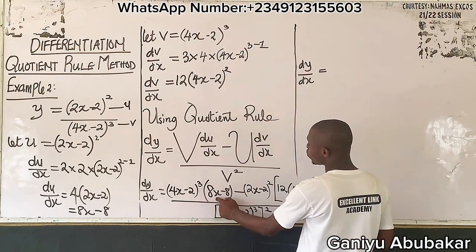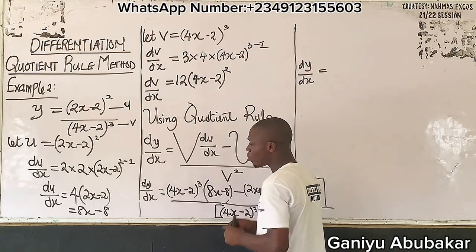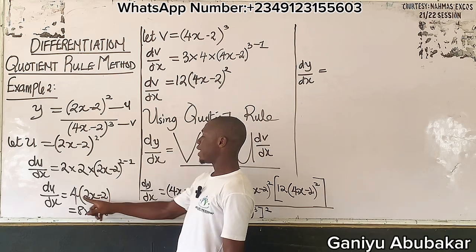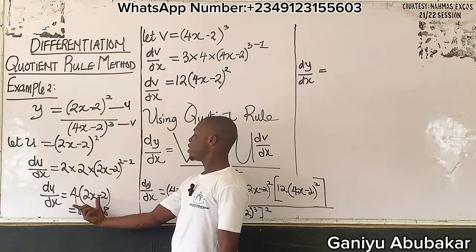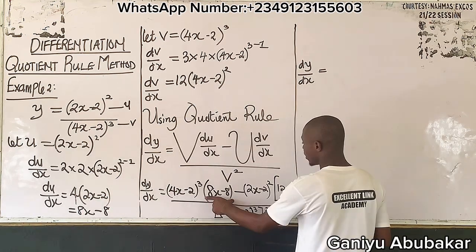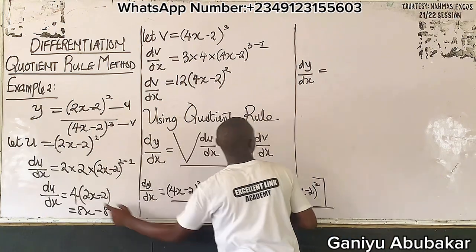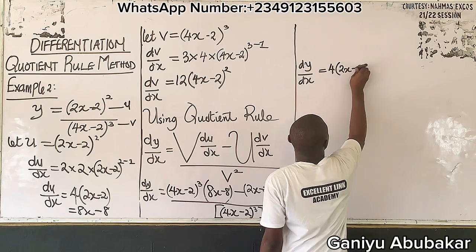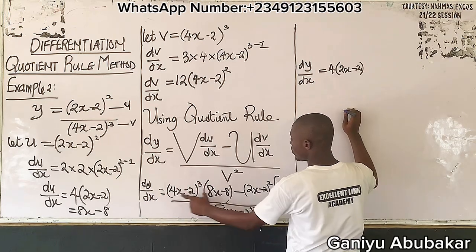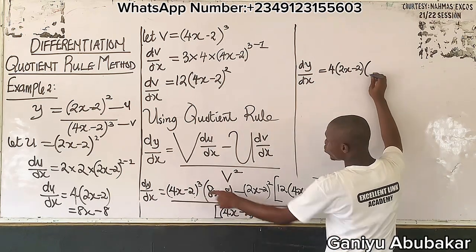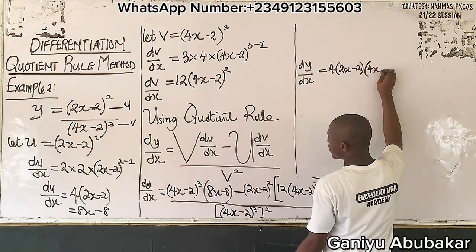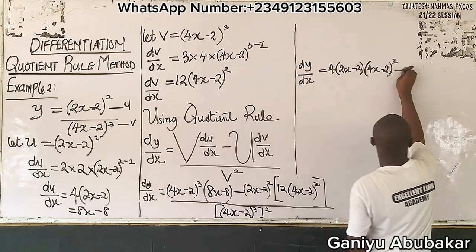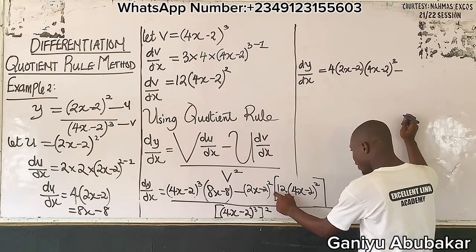Let me repeat this value here back. Instead of this now, I can still write this expression. So now it becomes 4 into (2x - 2), that is for this. Next of this, into (4x - 2)³, minus, pick out 12 first.